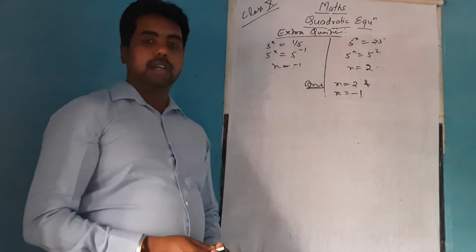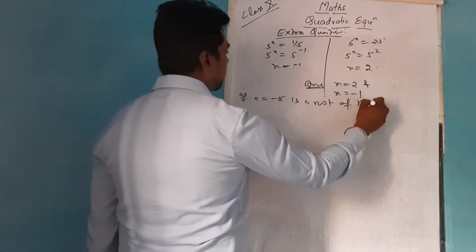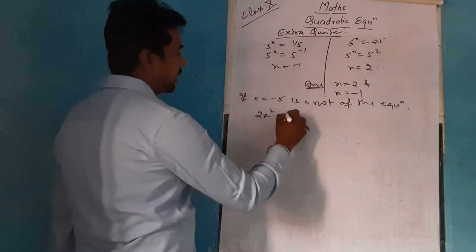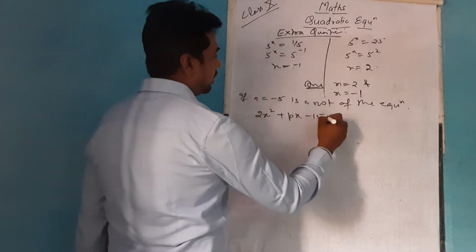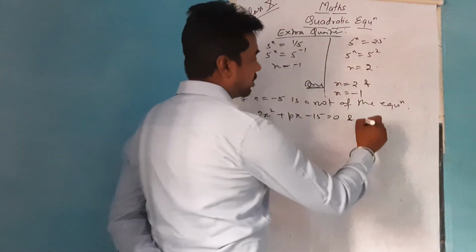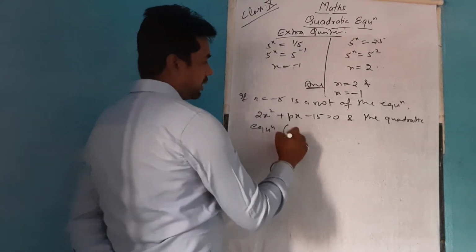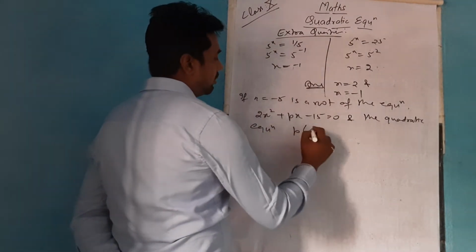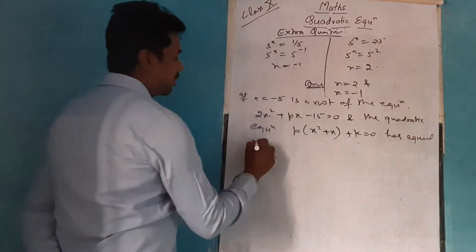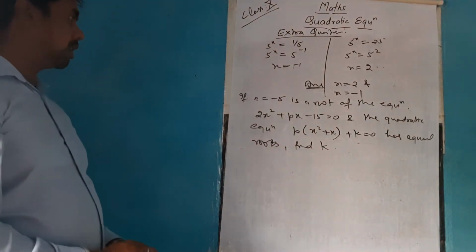Here it is given that if x = -5 is a root of the equation 2x² + px - 15 = 0, and the quadratic equation p(x²) + x + k = 0 has equal roots, then find the value of k. This is the next question.